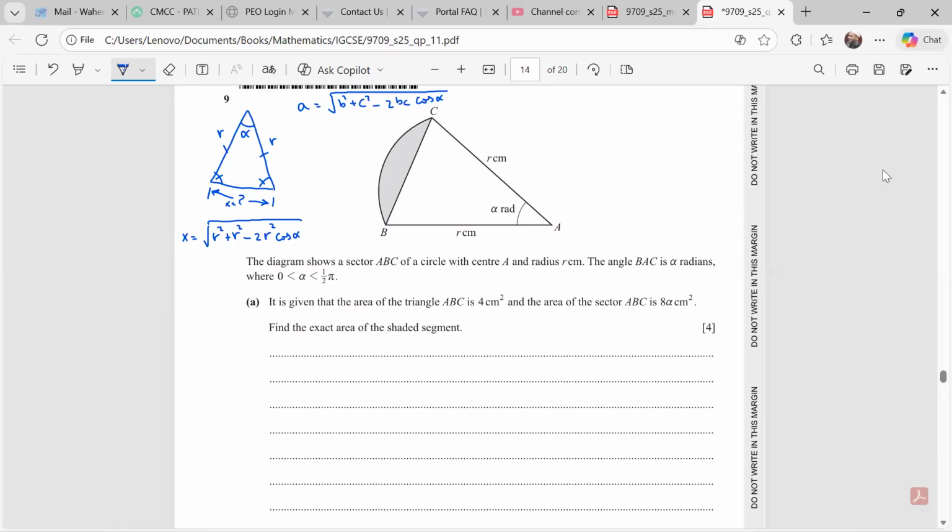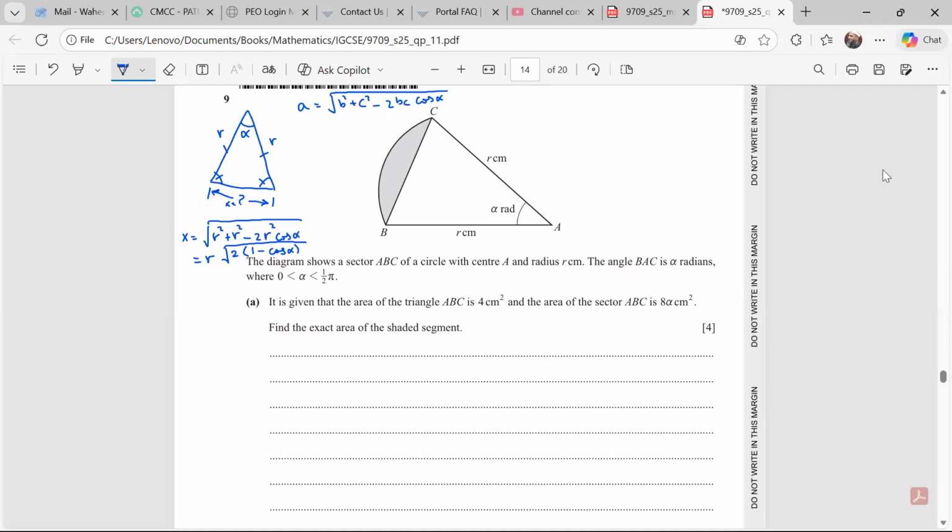If I simplify it a little bit, this is 2r square. So if I take r square outside, it will become r without the root sign, and inside, I have 2. If I take 2 common, then I will have 1 minus cos of alpha. So all these things are under the root sign. And this would be the length of this third side, right?